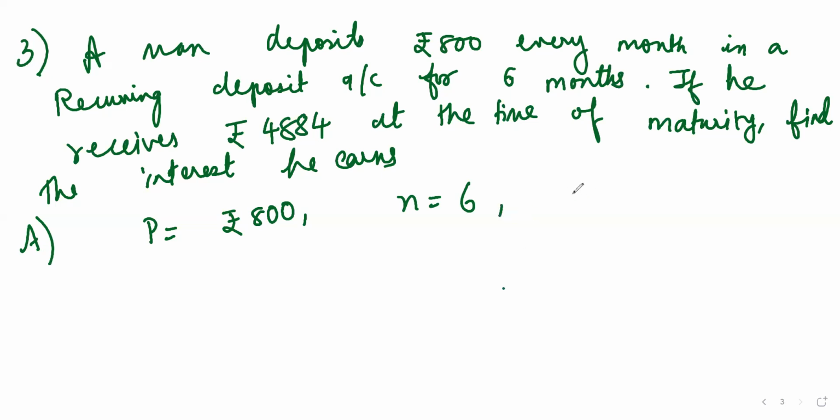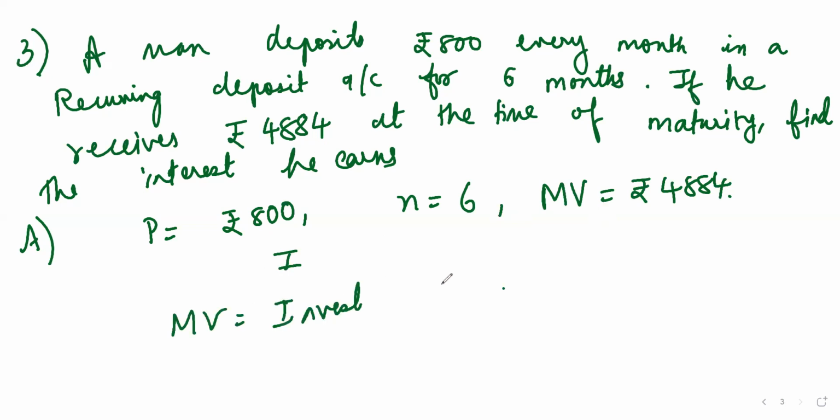Okay, and if he receives 4,884 upon maturity, so what is this? It's nothing but the maturity value. So MV is rupees 4,884. Find the interest. So it's simple. The maturity value is nothing but the investment, that's what the person puts in, plus the interest.